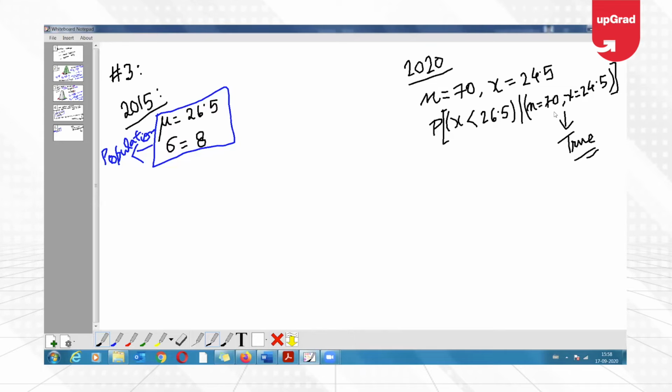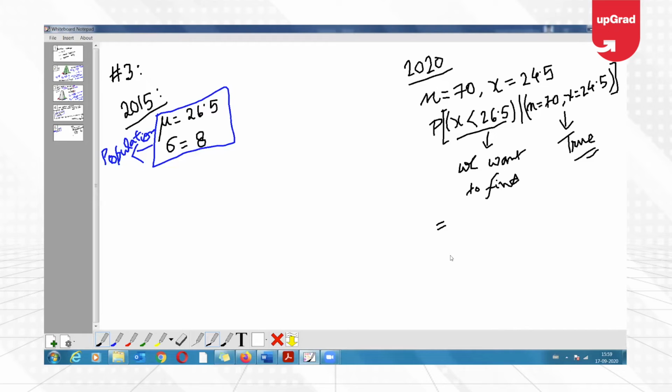I want to find out if this is true, what are the chances that this is true. So we want to find the chances of this part being true given this particular condition.